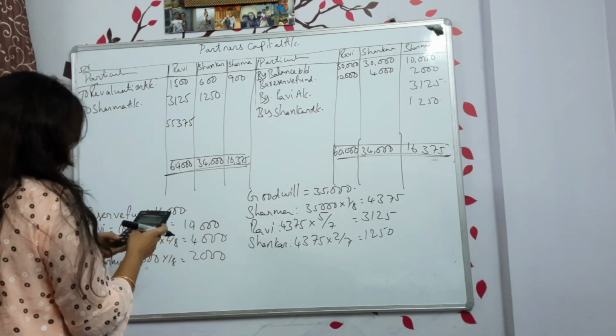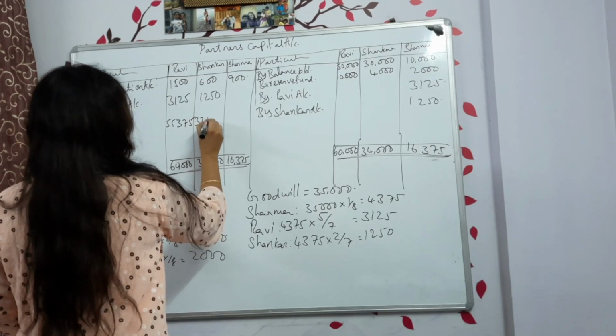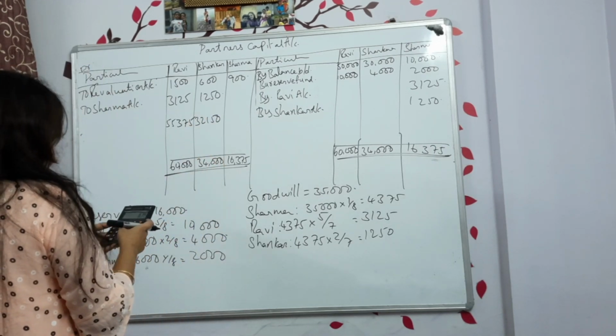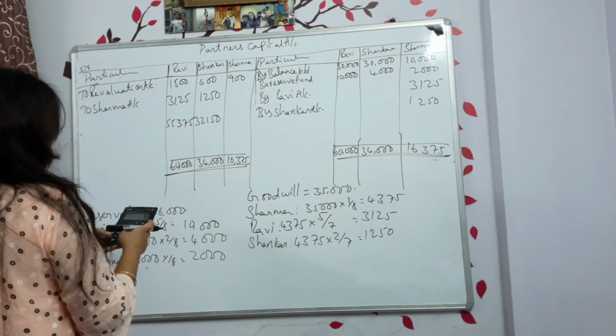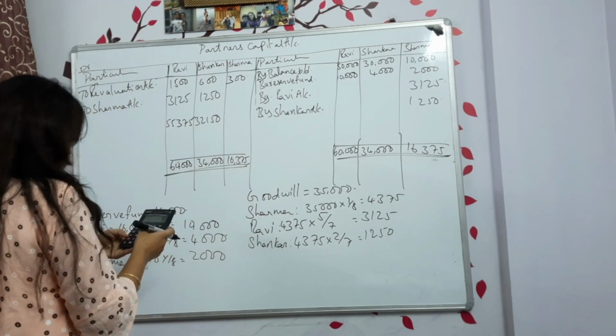This will be 34,000 minus 1,850, 32,150. 16,375 minus 900. Is it 900? No, 300, right? Sorry. Minus 300.